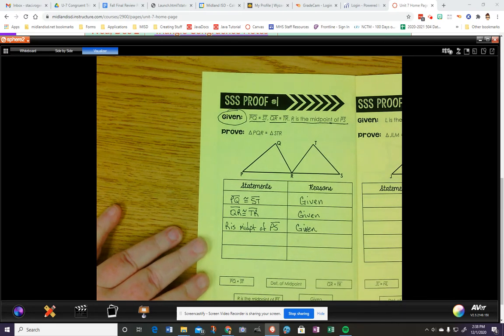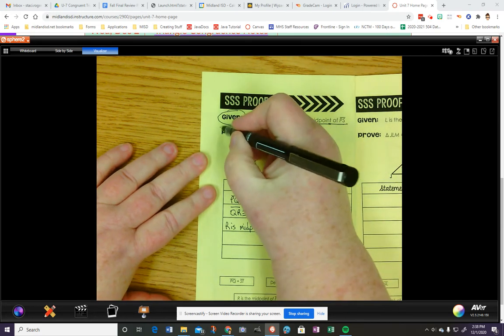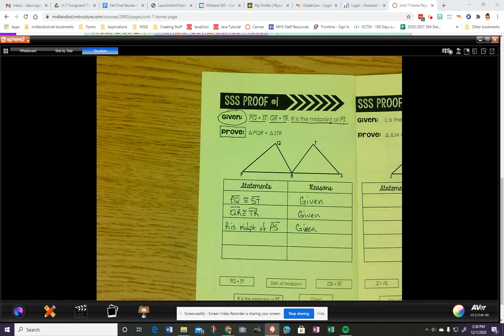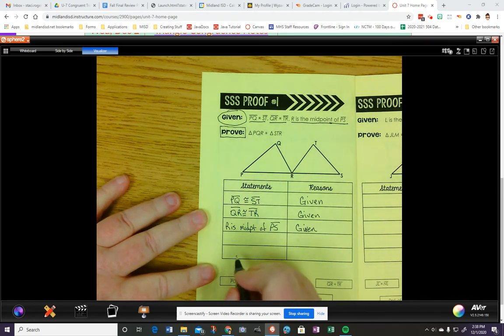The second part up here at the top is what we have to prove. It's not already known, so we have to prove this. That's going to go on the very last part of our proof, so we're going to put it on the last line.